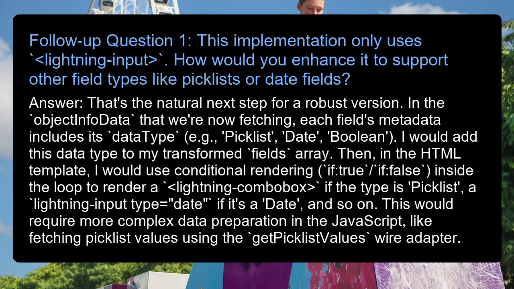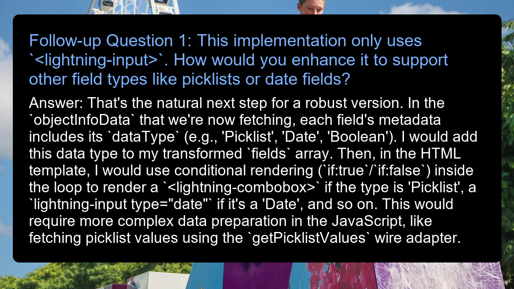I would add this data type to my transformed fields array. Then, in the HTML template, I would use conditional rendering, if:true/if:false, inside the loop to render a lightning-combobox if the type is picklist, a lightning-input type="date" if it is a date, and so on. This would require more complex data preparation in the JavaScript, like fetching picklist values using the getPicklistValues wire adapter.